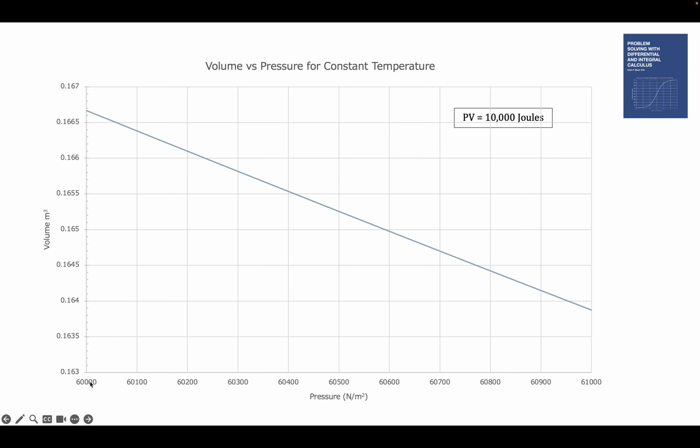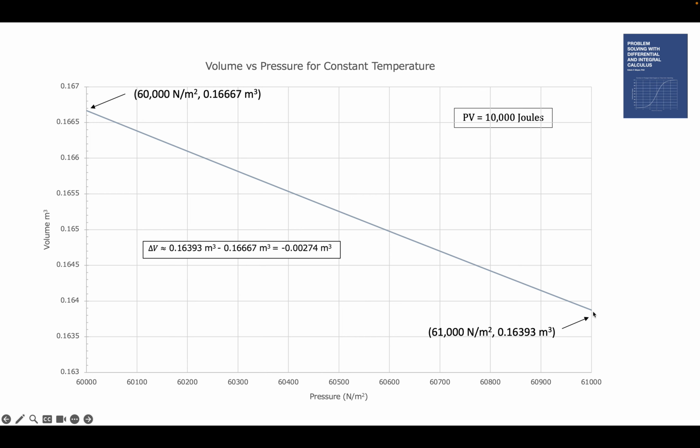So there's 60,000, there's 61,000. We're looking at a very small section of the previous graph. This point is 60,000 on the horizontal axis, 0.1666666 on the y-axis. And this is 61,000 on the x-axis and 0.16393 cubic meters. And we can subtract them and get the difference, and it's what we thought.